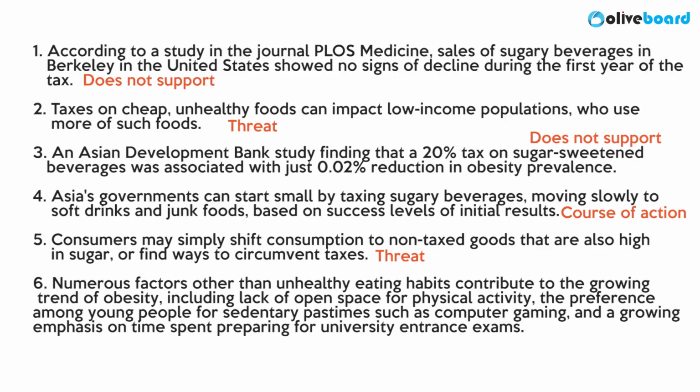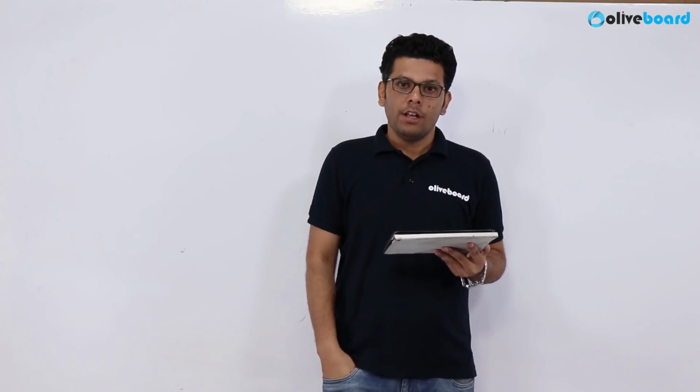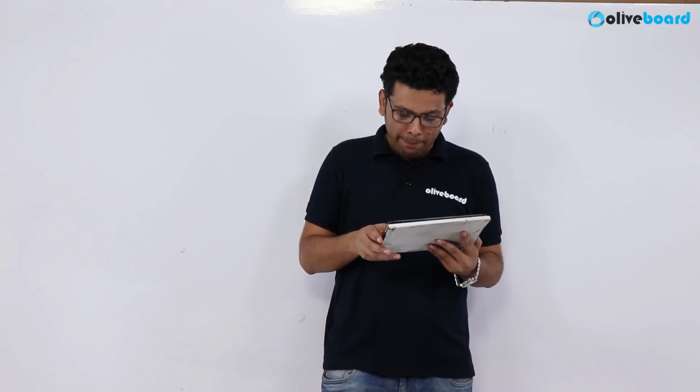So this may suggest that you cannot adopt this kind of model. So your right answer in this case would be 1, 3 and 6. Those were the facts or examples that these are not effective ways to control obesity. So the answer would be your option E, that is 1, 3 and 6. Okay, move to the next question. Again, the next question is on the same paragraph.